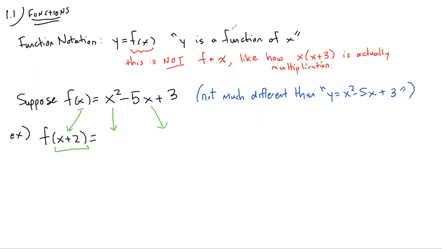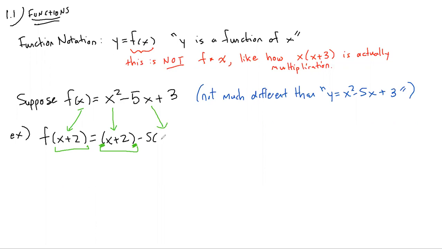So same idea. X becomes x plus 2. And you do need to make sure that you have those brackets, otherwise the whole inside won't be inside of that square like it's supposed to be. So make sure you've got those brackets every single time.